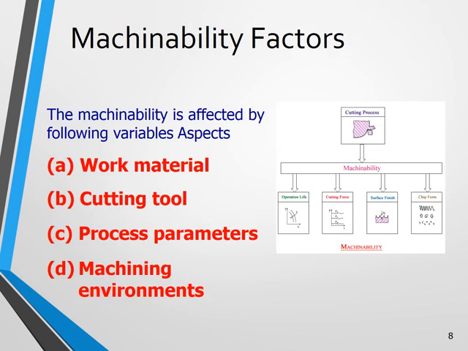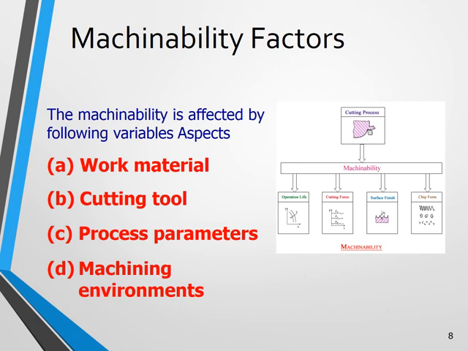What are the factors that affect machinability? There are four main factors. We'll just enumerate these factors here, and we will discuss each of them in detail in the next part of this presentation.